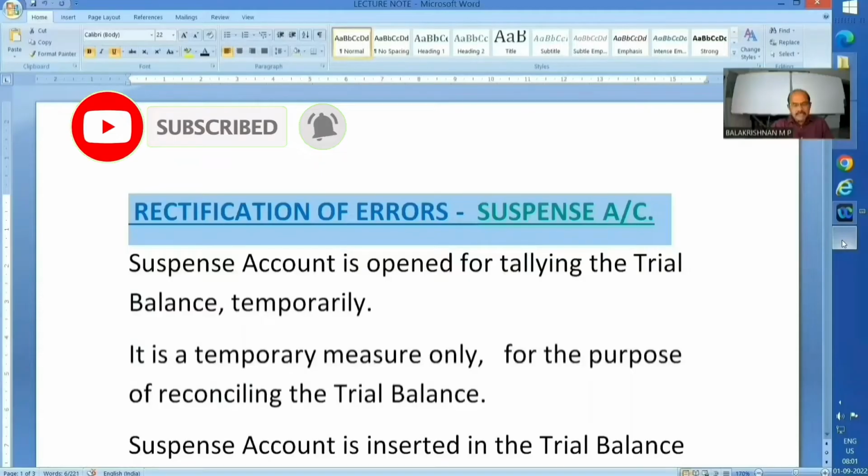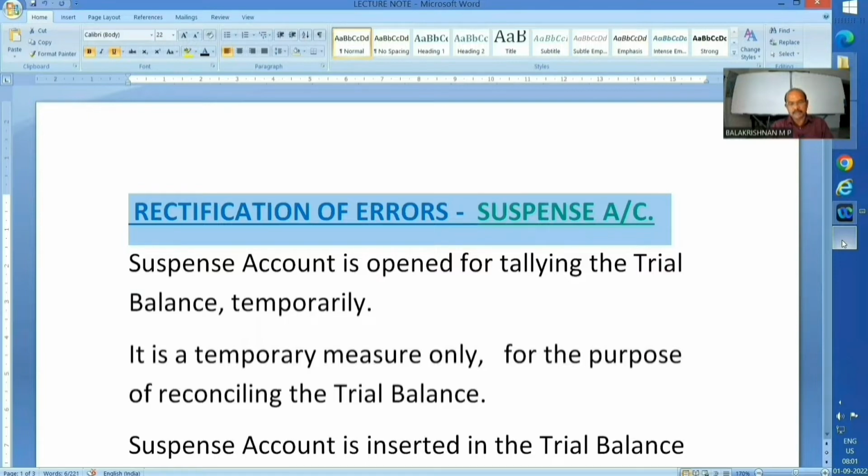In spite of the best effort, if the trial balance still does not tally, or arithmetical disagreement is there in the debit side as compared to the credit side or vice versa, a recourse is made to open a suspense account in the books of account and have the trial balance temporarily tallied.